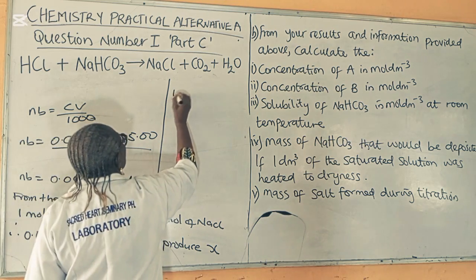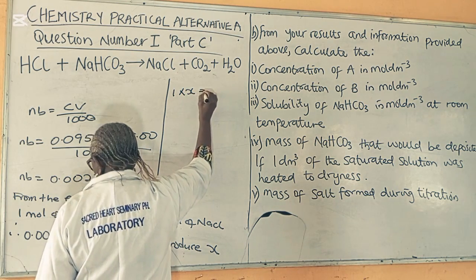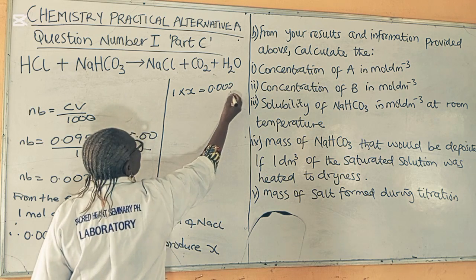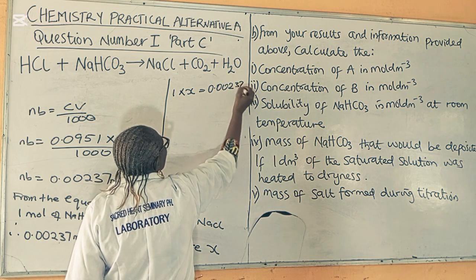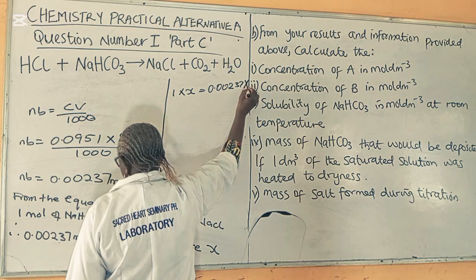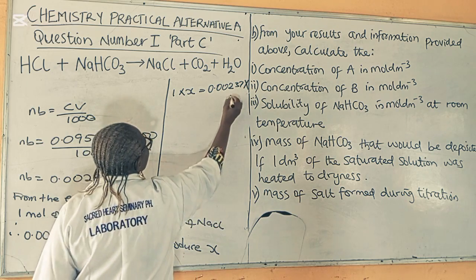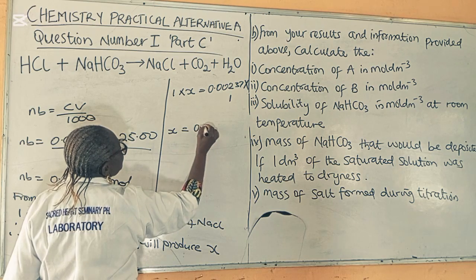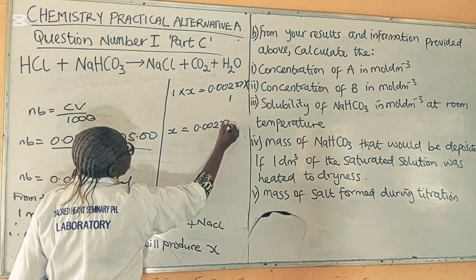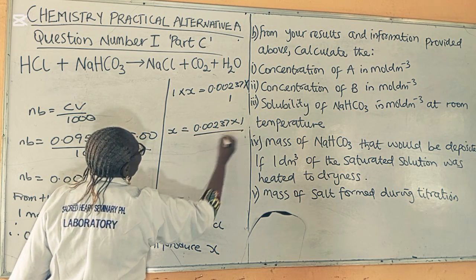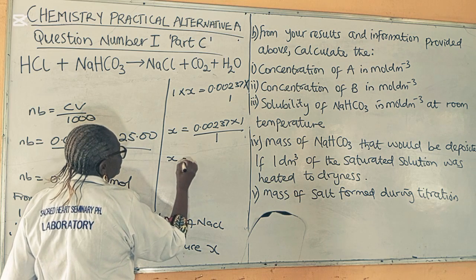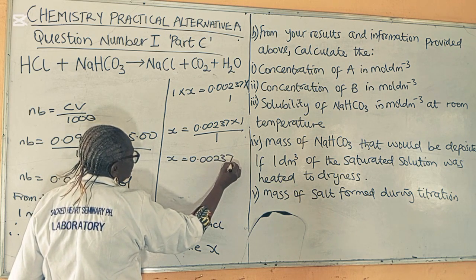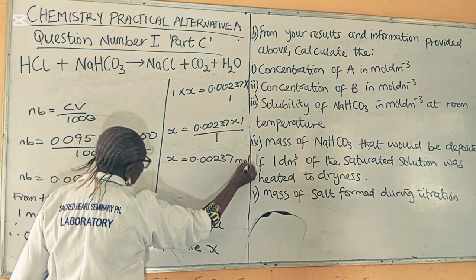That will give me 1 times X equal to 0.00237 times 1. Therefore, what is X? X is 0.00237 times 1 divided by 1. Therefore, X is 0.00237. This time the answer is in mole.